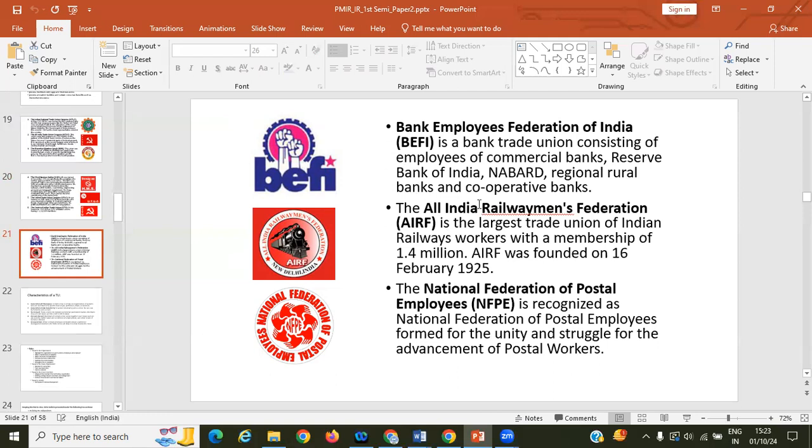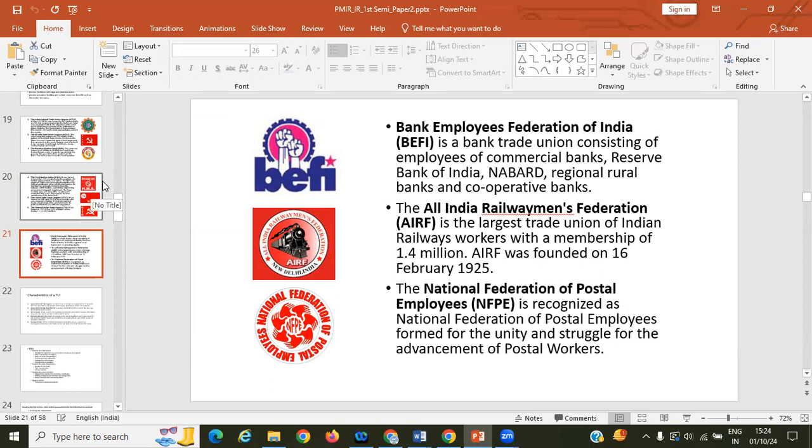Another is the All India Railwaymen's Federation, AIRF, mainly for railway employees. AIRF was founded in 1925. All members from railways can join this. Another is the National Federation of Postal Employees, NFPE, mainly for postal employees.